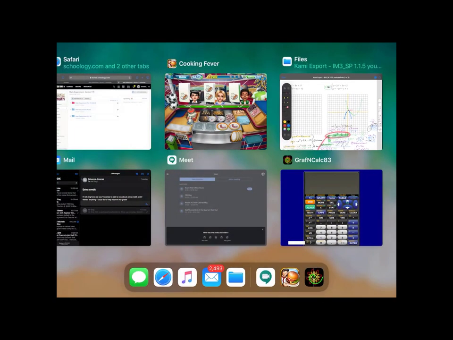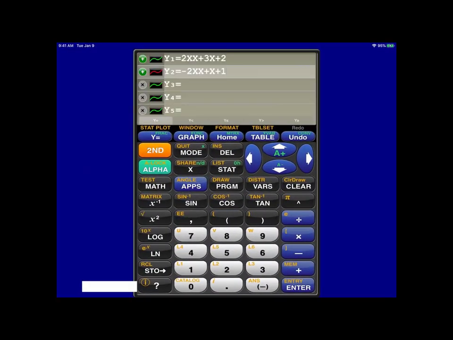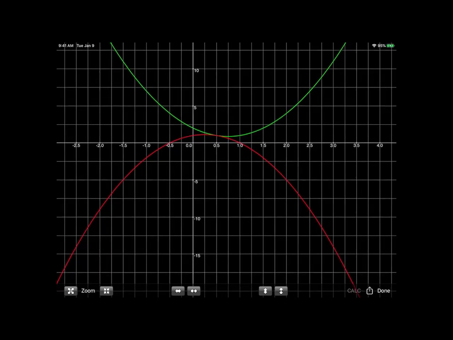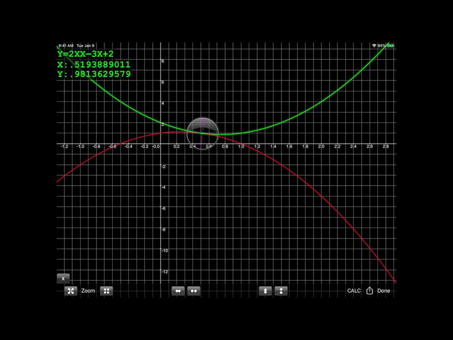Okay. Let's double check we graphed it. 2x squared minus 3x. There's the minus sign. Graph. There we are. Okay. And then boom. One half and 1 is our intersection. Sorry guys, it took so long.